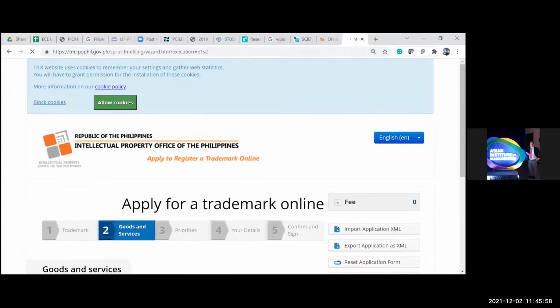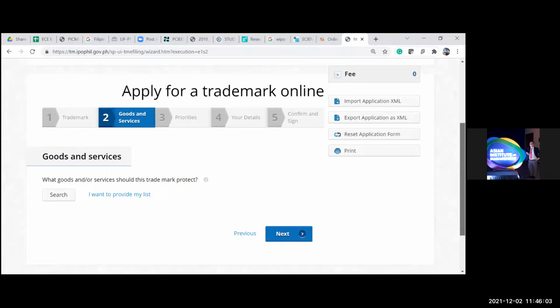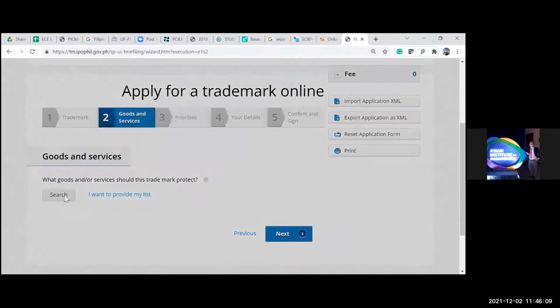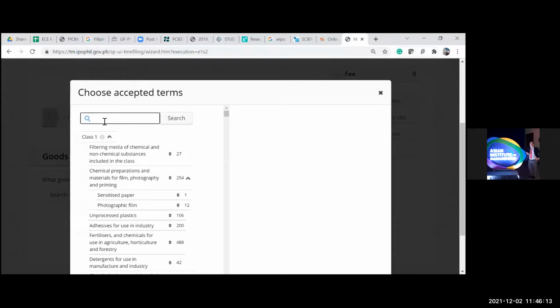So goods and services. What goods or services should this trademark protect? If this is related to clothing, you can type related to clothing. Then you will be given a particular reference code.